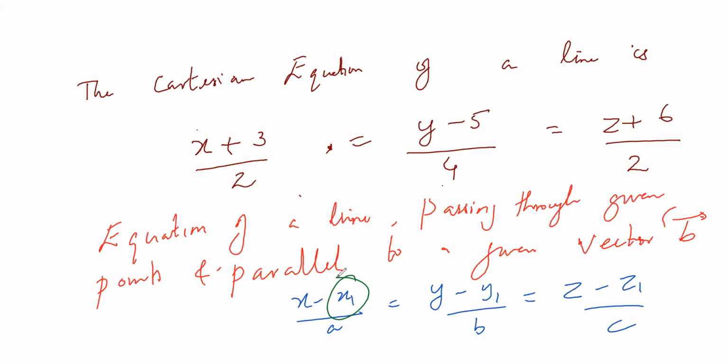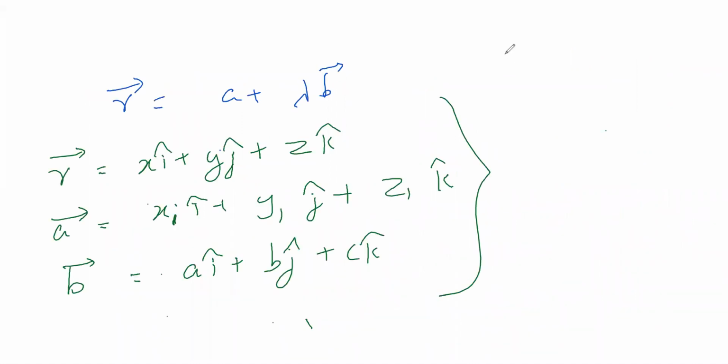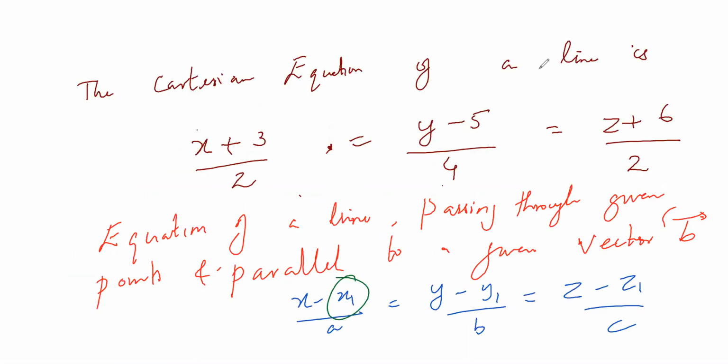So what is my x1 value? It is minus x1, so the x1 value is minus 3. The y1 value is 5. The z1 value is 6.